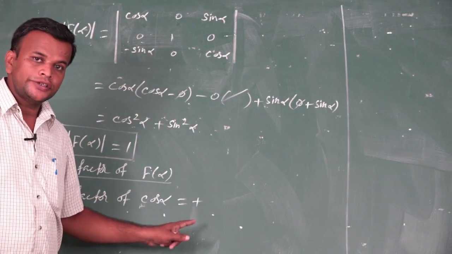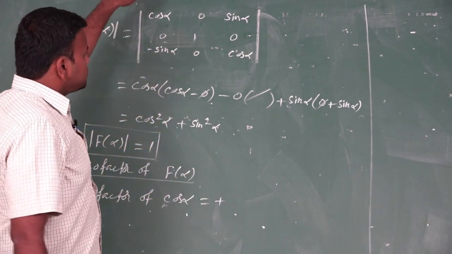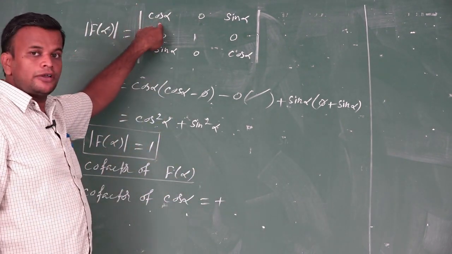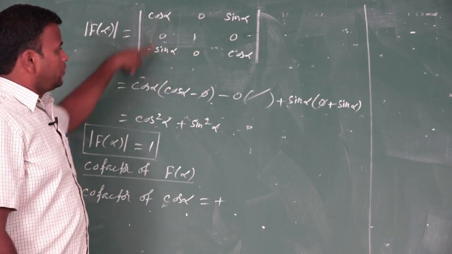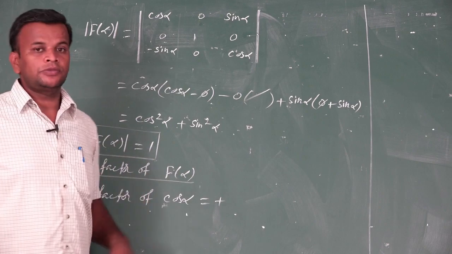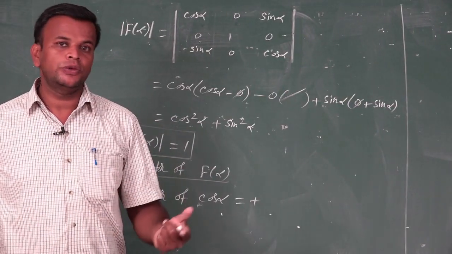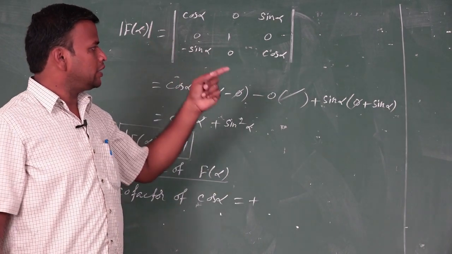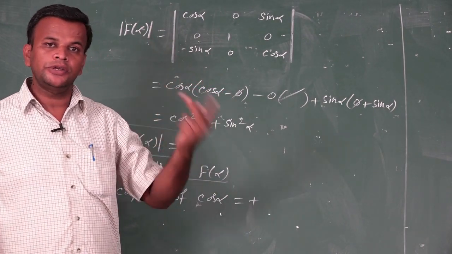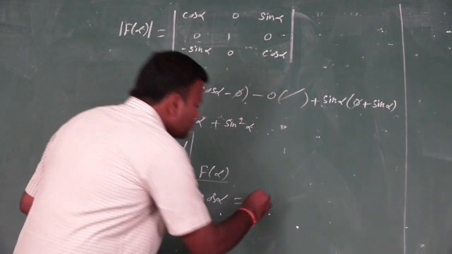The symbol of cos alpha is plus, so I put plus. We leave this cos alpha's row and column, first row, first column. Then we simplify these four elements with this determinant. You know very well how to find the determinant of a 2 by 2. First we multiply the leading diagonal elements and then we multiply the remaining two elements with a minus sign. So I directly write the value.